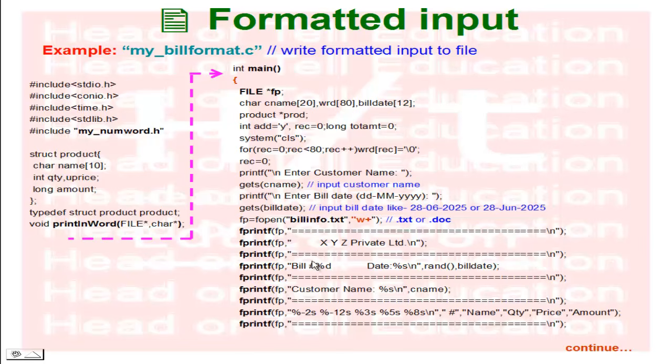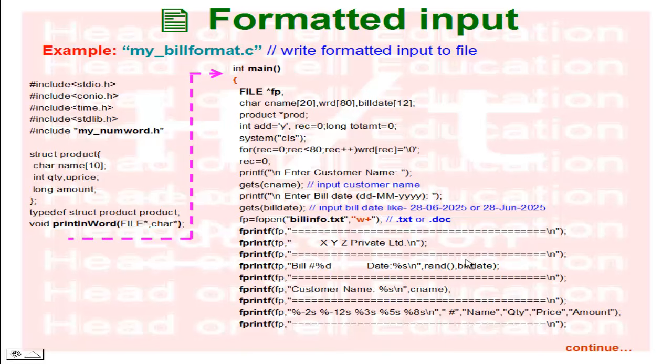Next I am using fprintf, pass the file pointer and use the company name, again fprintf, pass the file pointer and again create a line. Next fprintf, pass the file pointer and bill format, meaning bill number, sorry, here is the bill number and this is the bill date.